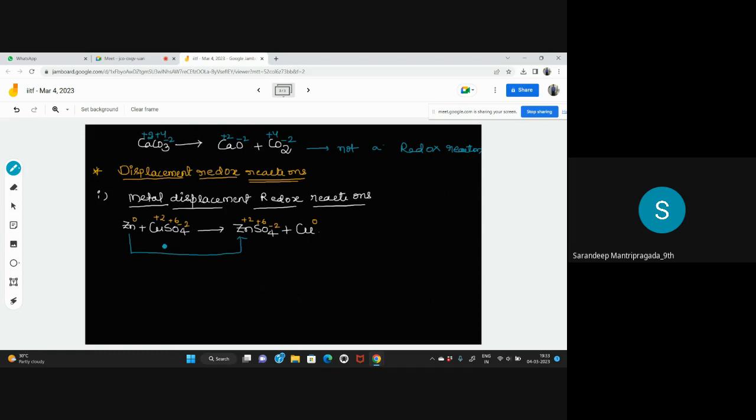Zinc loses 2 electrons, and copper gains 2 electrons. That means it is a displacement reaction as well as a redox reaction. So it is called a displacement redox reaction.